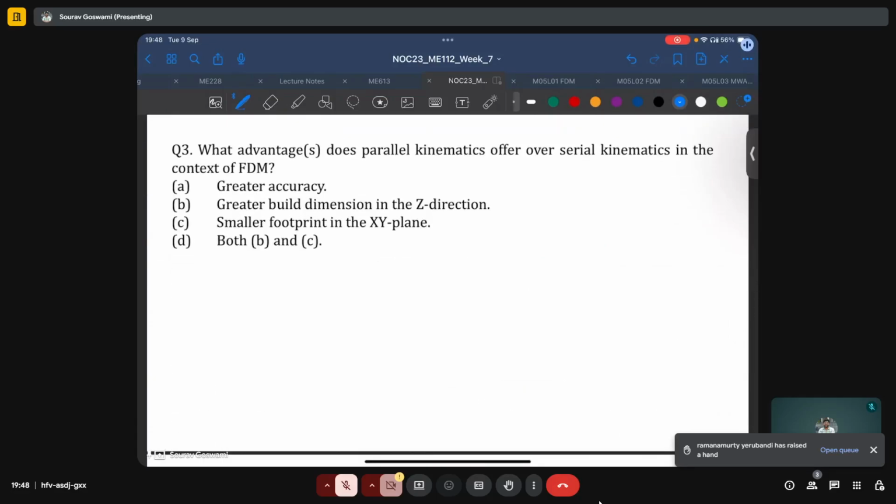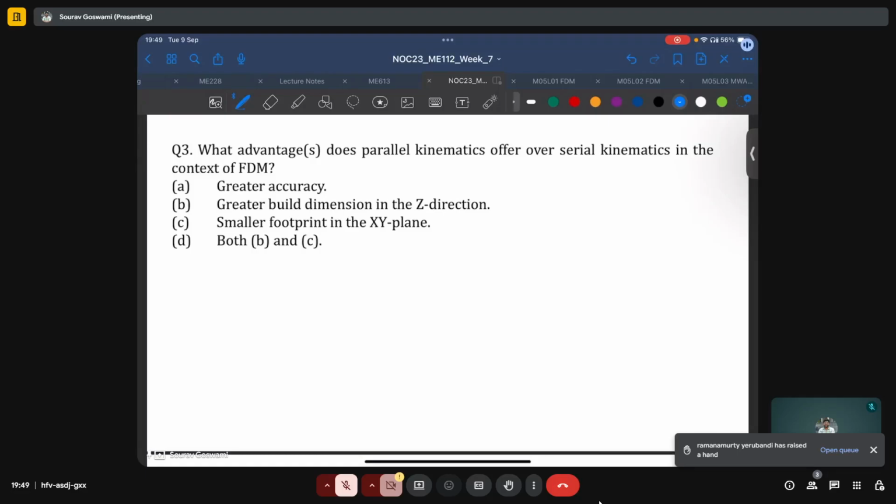Question 3 is asking us what advantage or advantages does parallel kinematics offer over serial kinematics in the context of FDM or fused deposition modeling? Let us recollect that serial kinematics is the case when the links are connected to each other sequentially and the end effector is connected to only one link.